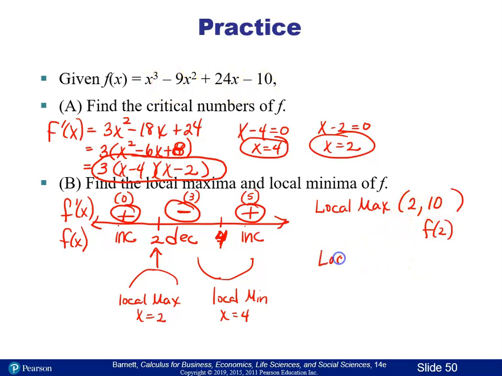And then my local minimum is going to be 4. And I'm going to plug 4 into, again, the original function, and that's going to give me 6. So when you're doing your test points, you plug those into that first derivative. But when you're finding the coordinates of your local maximums and minimums, you plug those critical numbers into the original.